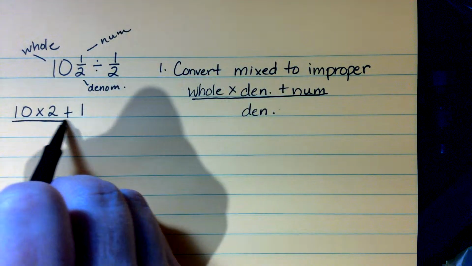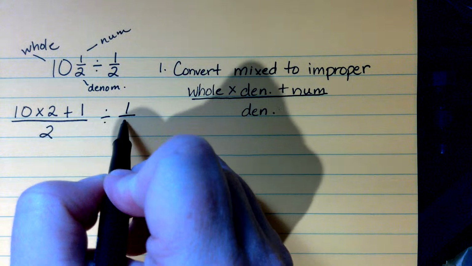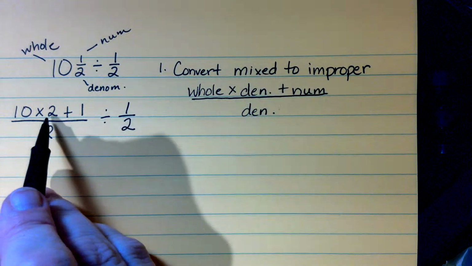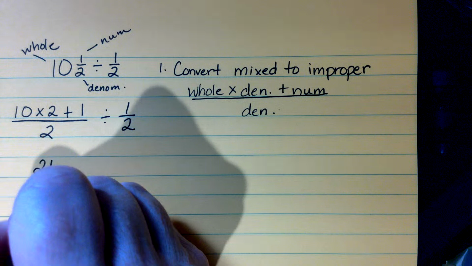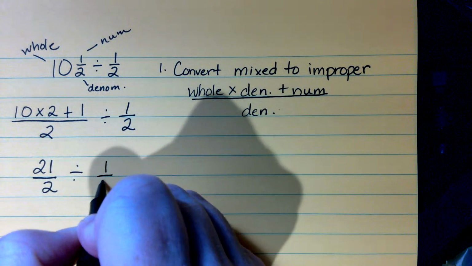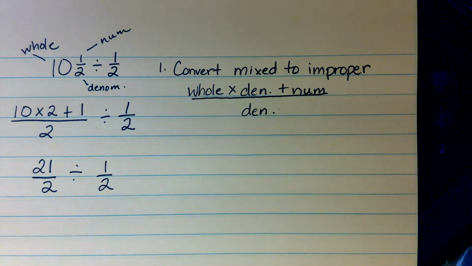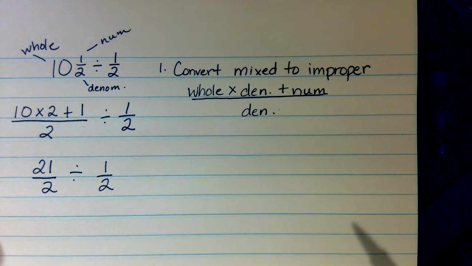And we're going to put that all over 2, divided by 1/2. 10 times 2 is 20, plus 1 is 21. So we have 21 over 2 divided by 1/2. Now we have an improper fraction. Remember, an improper fraction is where our numerator is greater than our denominator.